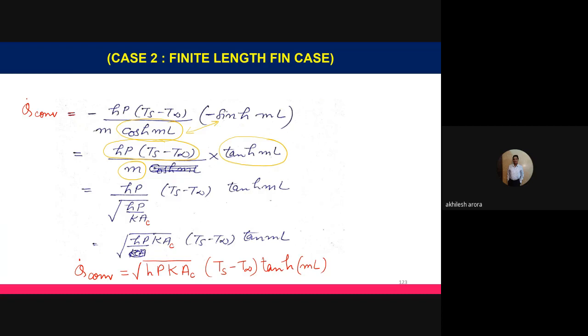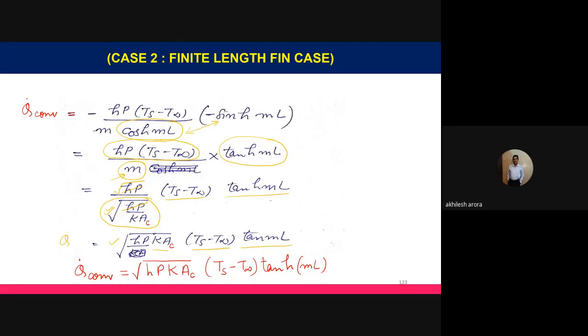Now in place of m, I can write the value of m, which is the square root of hP over kAc. So finally hP and hP will cancel out, and this will come under the root. The final answer comes out to be the square root of hP kAc, times (Ts minus T infinity), times tanh(mL).